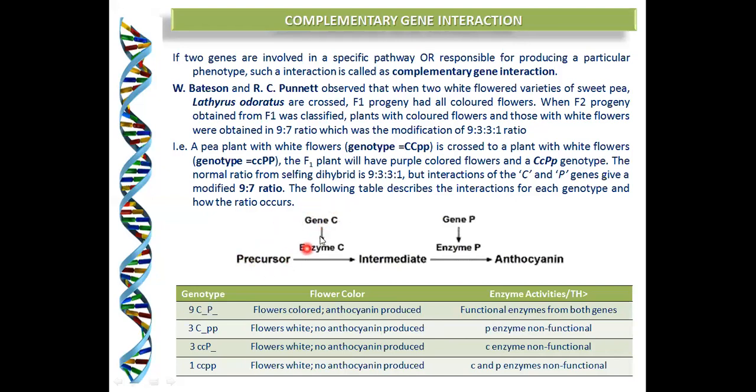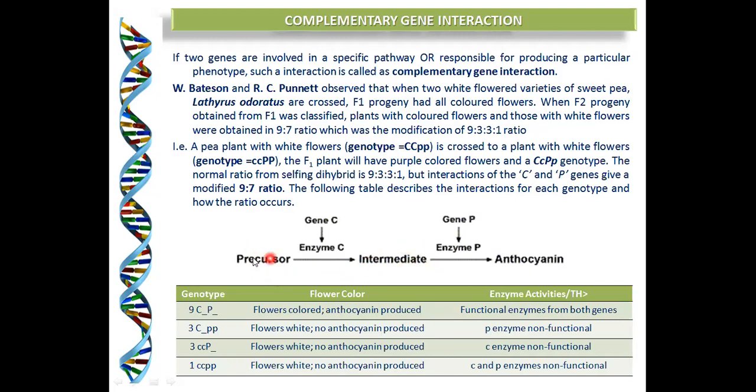Now how does it act? The dominant C gene produces one enzyme, called enzyme C. That enzyme acts on this precursor, and after acting, it gives one intermediate.